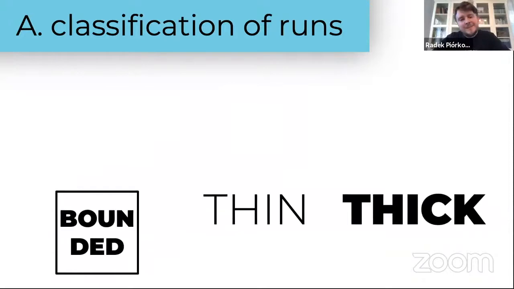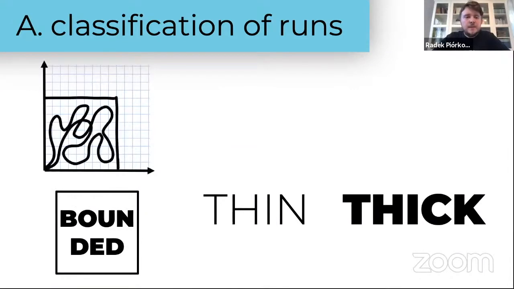So the intuition about those three types of runs is as follows. A bounded run is essentially a run that always stays in some area close to the origin of the coordinate system.